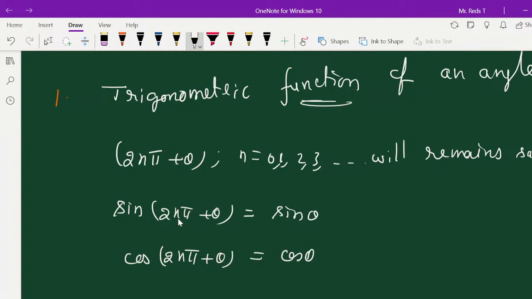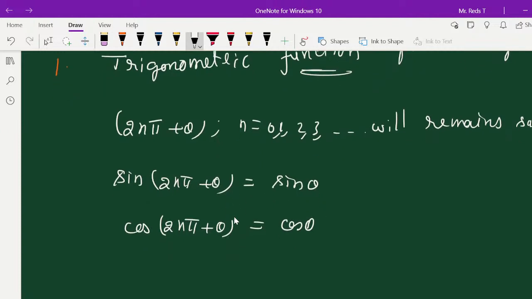The value of n can be any value. If n is 0, 0 plus theta is theta, so sin theta. If n is 1, 2, 3 and so on, then you get 2 pi plus theta, 4 pi plus theta, 6 pi plus theta. Any of these angles will give you the same function.